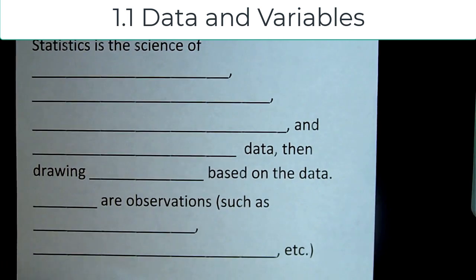We're going to talk a little bit about what this thing statistics is first, and then we'll jump into actually doing some stuff. So first of all, what is statistics?